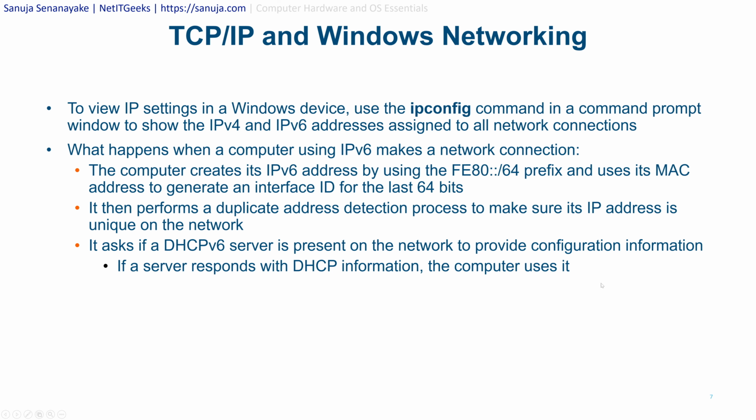This is a high-level overview so that you have a better understanding of how the IP systems work for your A+ certification program. I will discuss a little bit about IPv6 and IPv4 addressing in the next few slides in this lecture as well. But again, I need to highlight this: we are doing a high-level overview in these A+ certification program lectures.